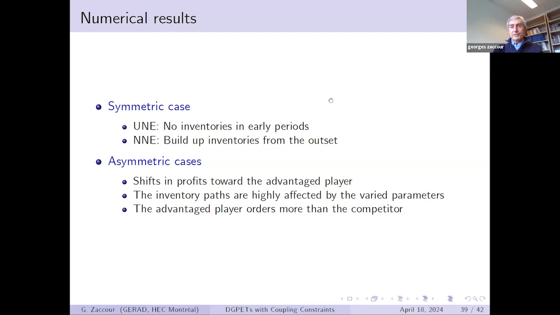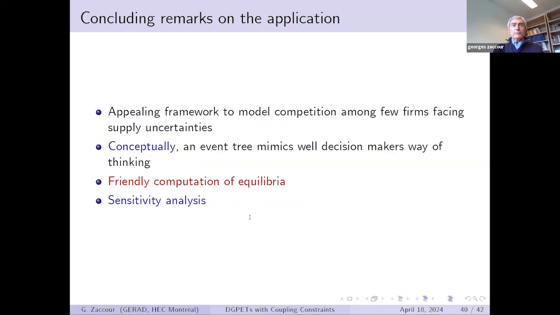Because there is this coupling constraint. The results in the asymmetric cases are relatively straightforward, in the sense that if you give an advantage to a player, the profit is higher, and the inventory paths are highly affected by the varied parameters. So this is interesting to study in some empirical cases, I guess. And the advantaged player is ordering more than the competitor.